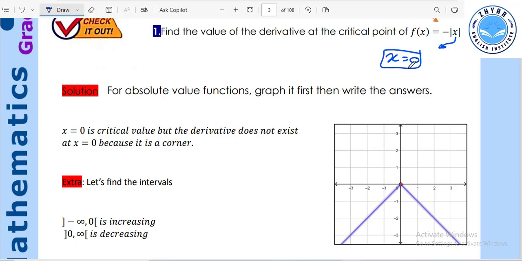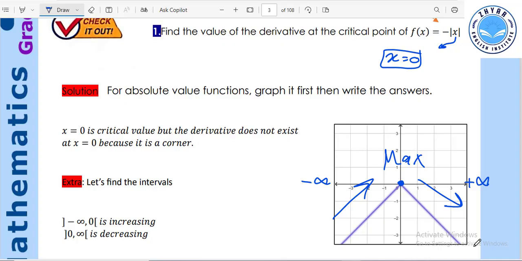Then this x equal to 0 is the critical value. This critical value according to this graph is maximum. And if we want to mention intervals of increasing and decreasing, from negative infinity until 0 it's increasing. From 0 until positive infinity it is decreasing.